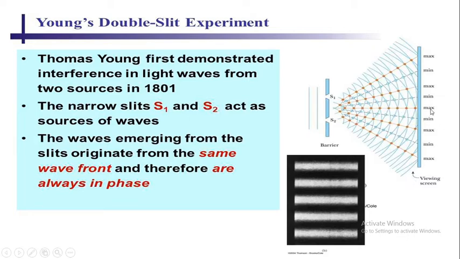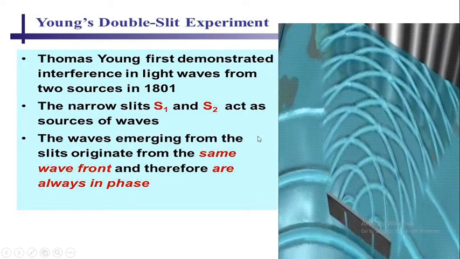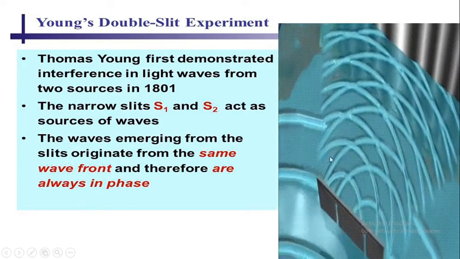So forming your central maximum, the central bright fringe, the brightest of all. Then as you go upward or downward, of course, it becomes dimmer, the intensity of the light reduces. The waves emerging from the slits originate from the same wavefront and therefore are always in phase. So you have here a water experiment.